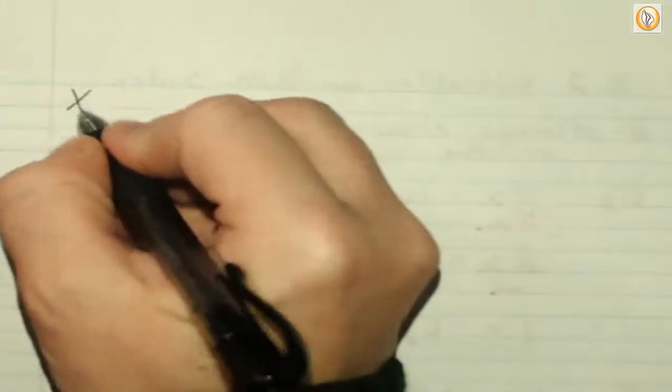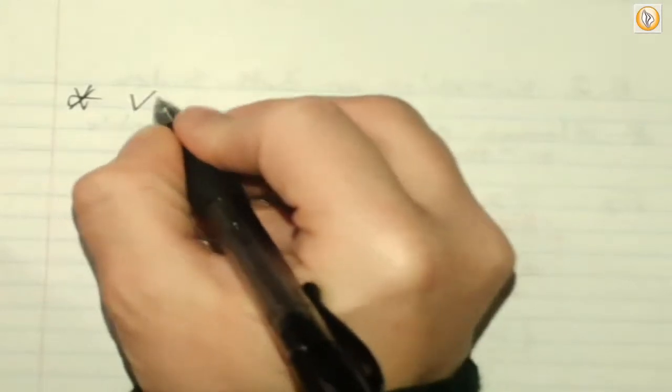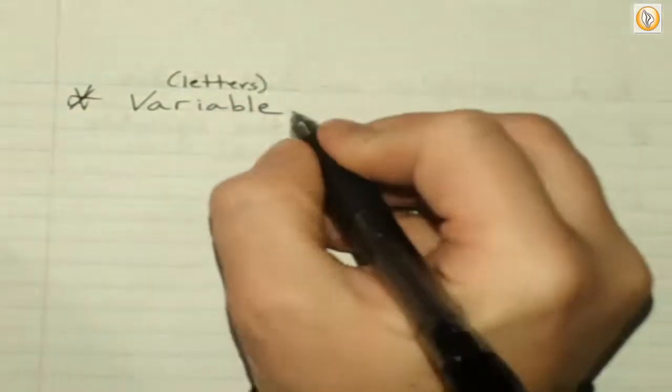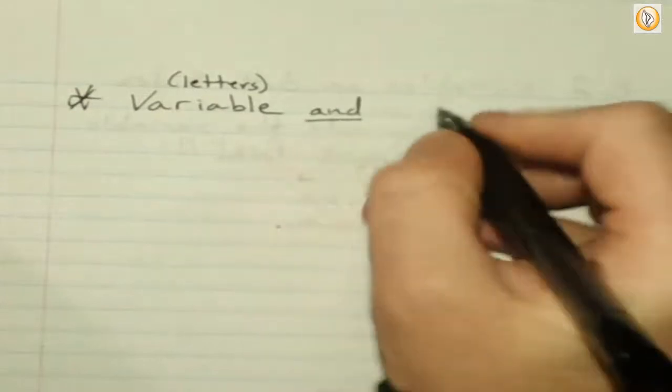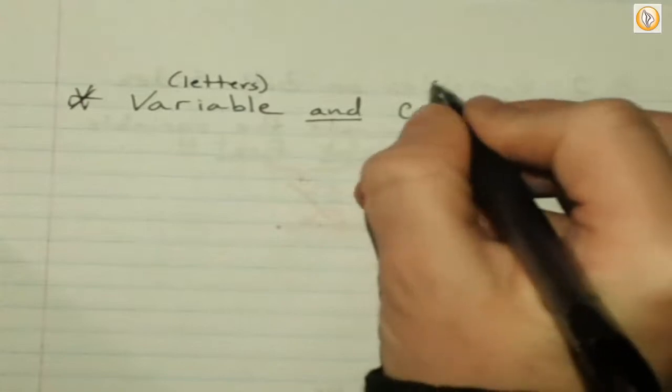Okay, because I don't have a whole lot of notes for this time because it's kind of stuff that you've been doing. So you better ask. Okay, I've got some more pieces of information. If you have the variable, and what's a variable again? Letters. And constant. What's a constant? That's right.